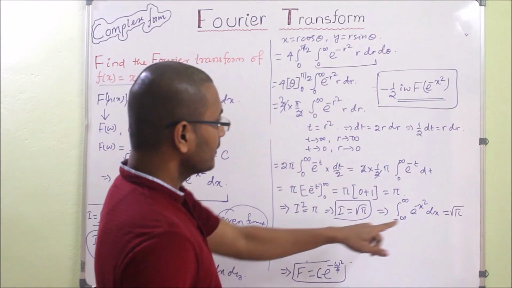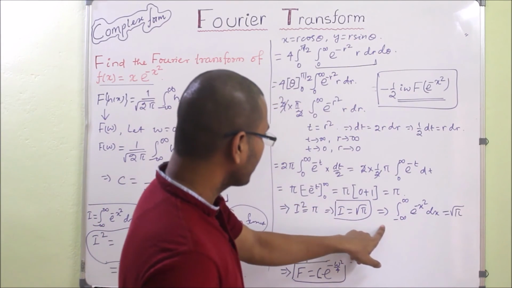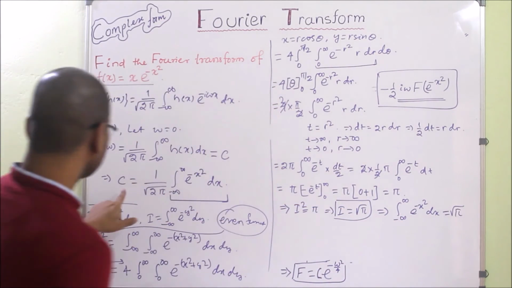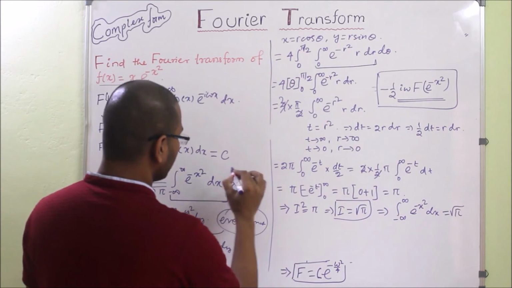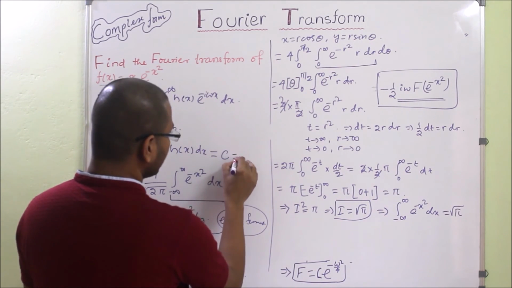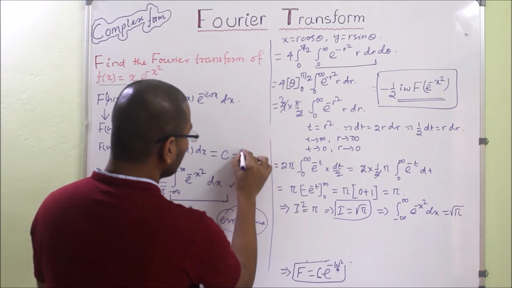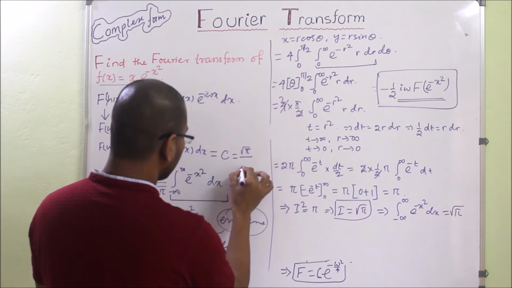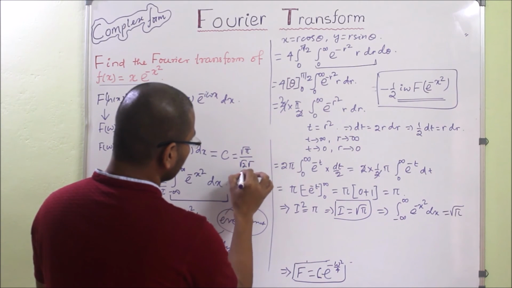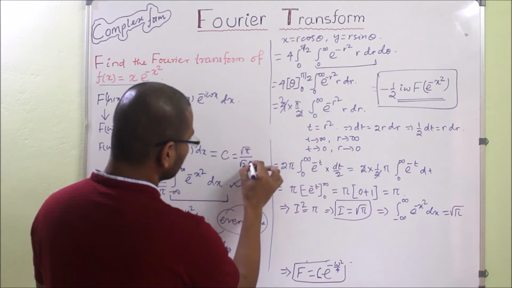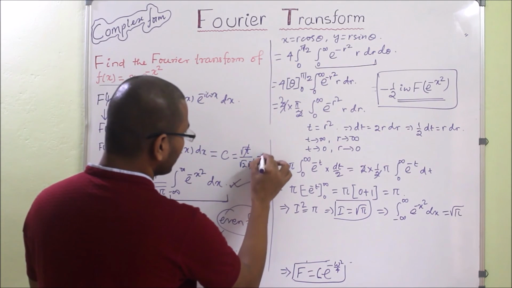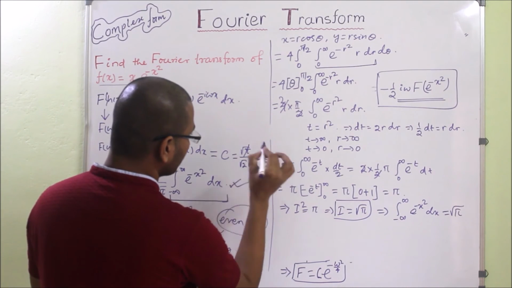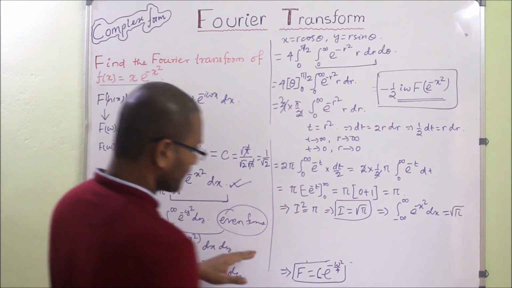Now from here we will get C equal to root pi by 2 square root of 2 and square root of pi. So the square root of pi will cancel out, and finally 1 by square root of 2. So we got the C value.